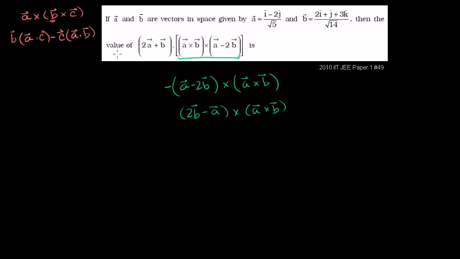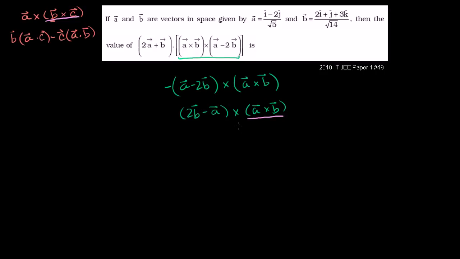And I'm just going to focus on the green part right now. We can worry about this thing out front that we're going to take the dot product with later. Let's see if we can simplify this green part. Using the triple product expansion, we're looking at our second cross product. It's analogous to that right over here.